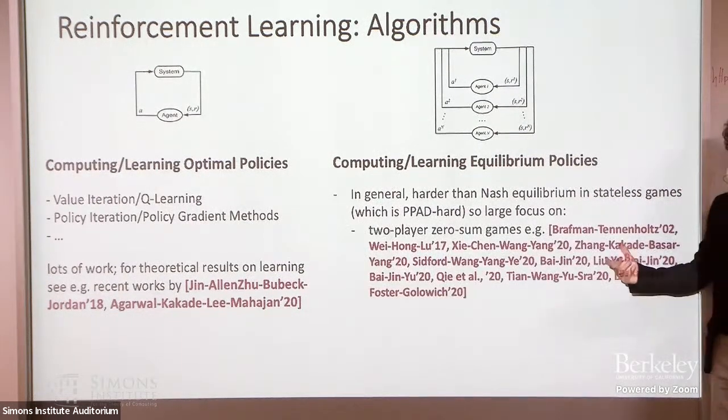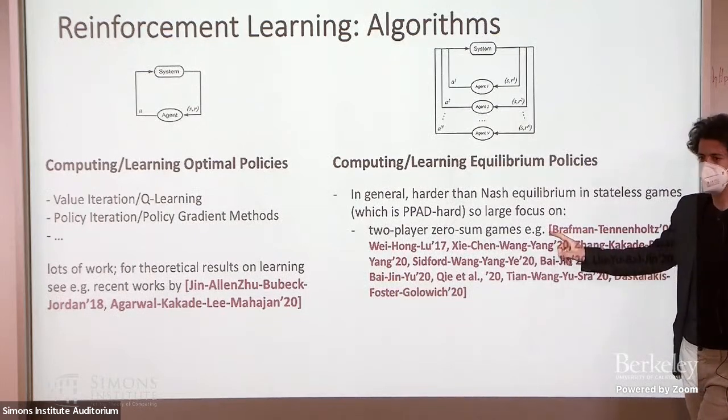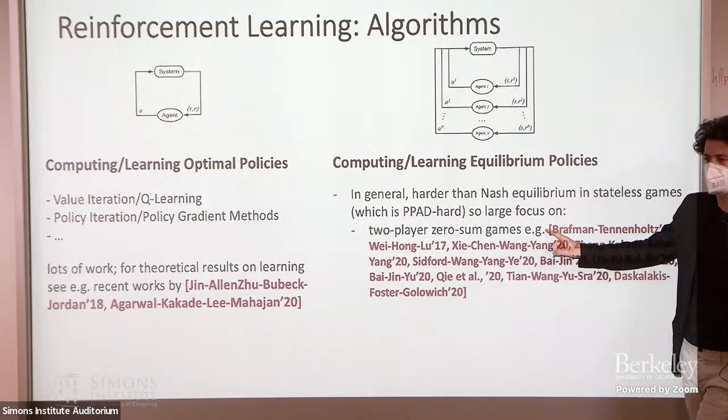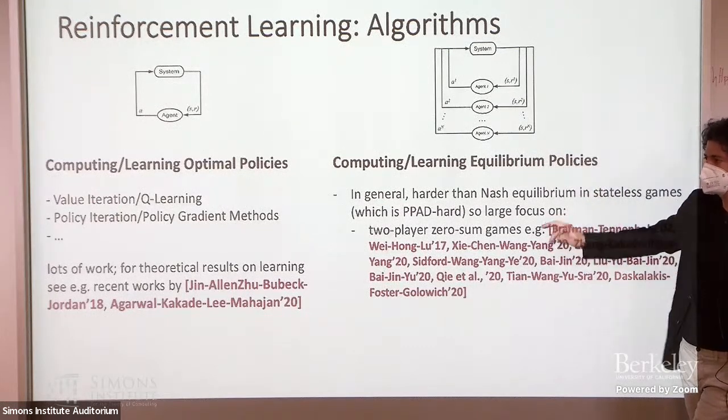So what are these targets? Well, the first target, with a lot of work recently, is two-player zero-sum games. So stochastic, two-player zero-sum games.